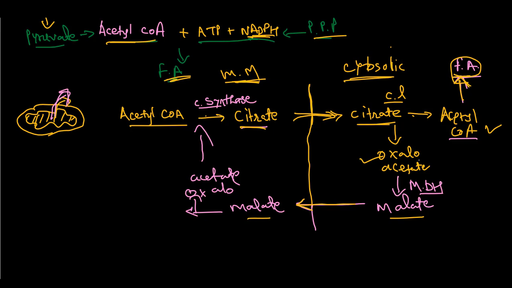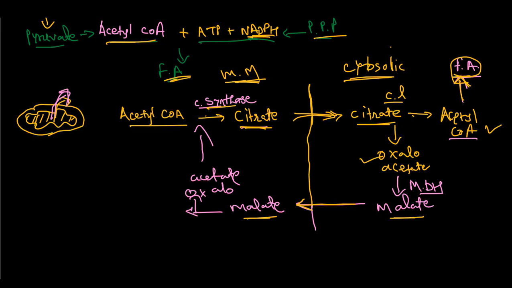The oxaloacetate cannot be directly exported from the cytosolic region to the mitochondrial matrix, so it has to be reduced to malate. Then this malate is converted into oxaloacetate, and this oxaloacetate binds with the acetyl-CoA and forms citrate by the enzyme citrate synthase. This is the cyclic process carried out in the cell.